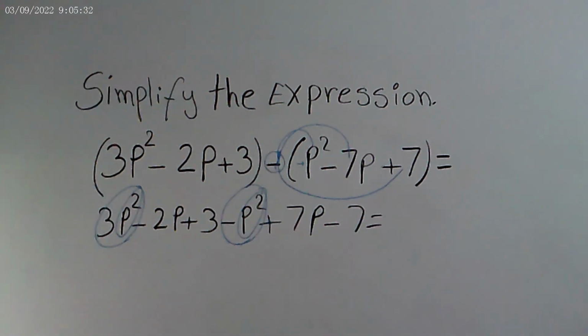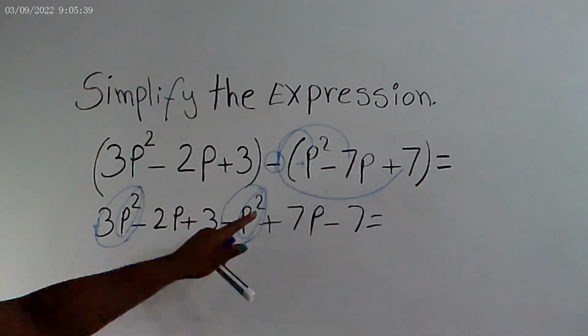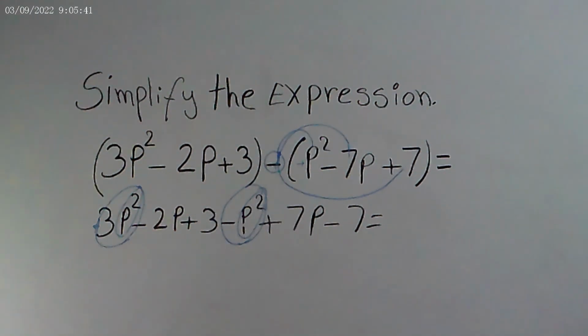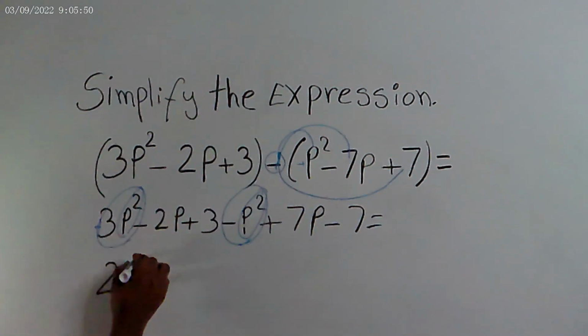Plus 3p squared minus p squared. When the signs are different, you're doing subtraction. So 3p squared minus p squared gives you 2p squared.